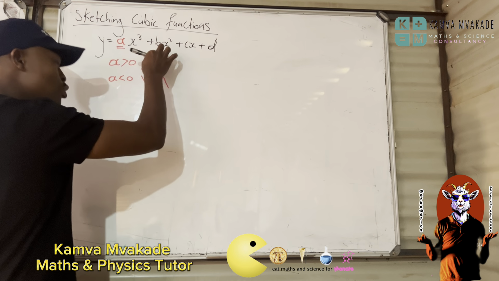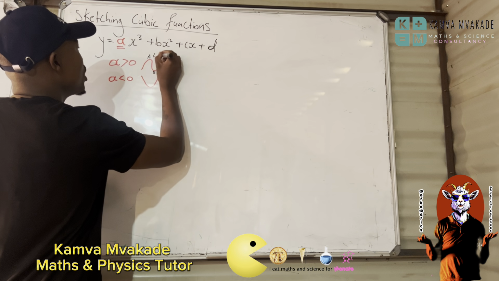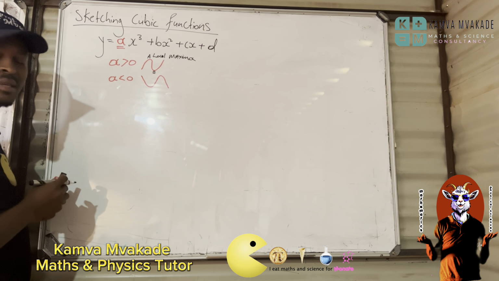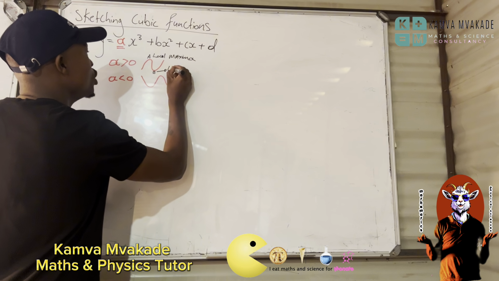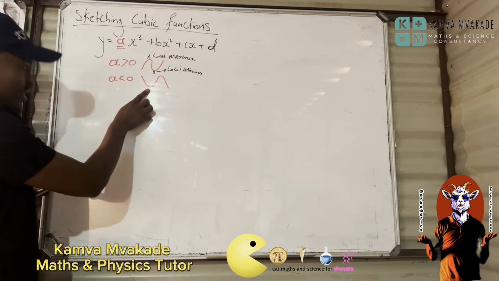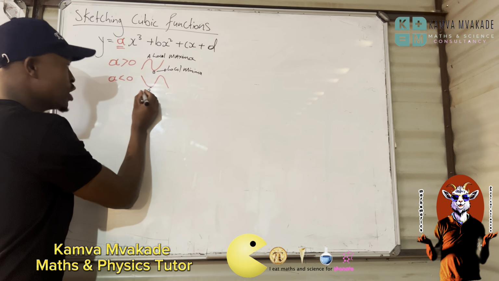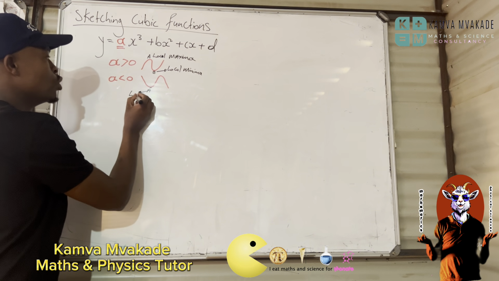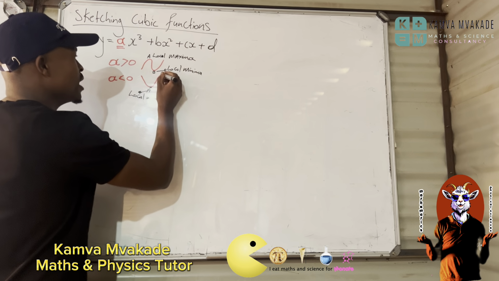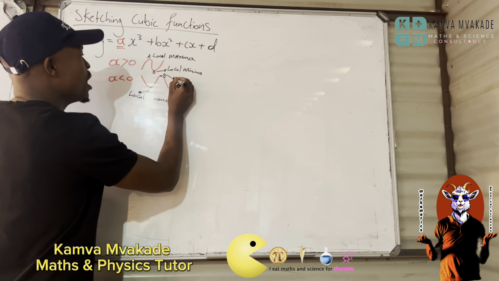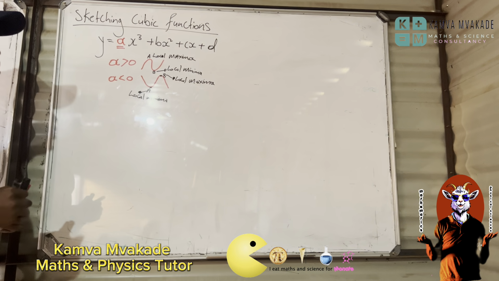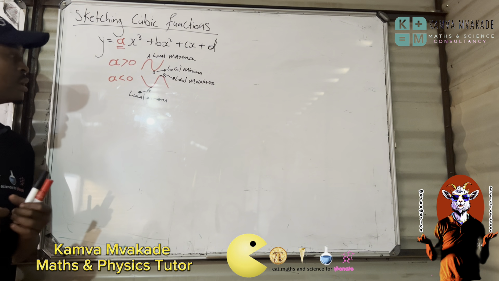For the increasing arm, B is the local maxima, and A is the local minima. For the decreasing arm, A is the local maxima and B is the local minima.